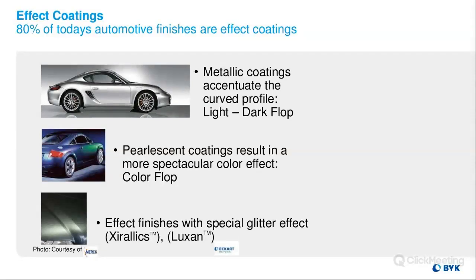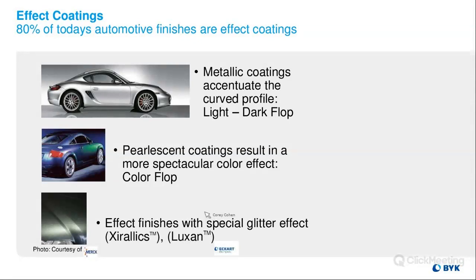Okay, that was blackness or jetness. I want to just touch very briefly on one more type of instrument that we make, and that is an instrument for measuring effect coatings. So this is for coatings, paints that have special effect pigments in them, which are often metallic pigments like aluminum flake, sometimes pearlescent pigments, which can cause color shifts depending on the observation angle.